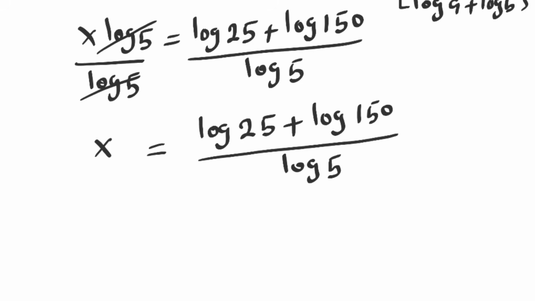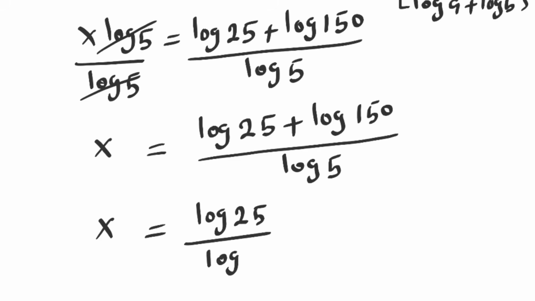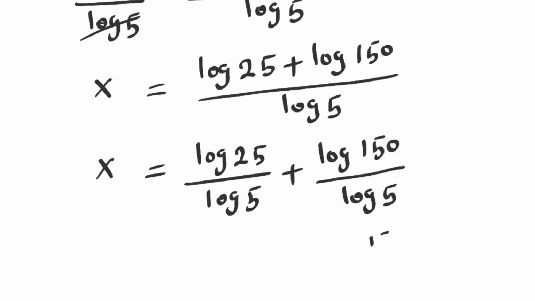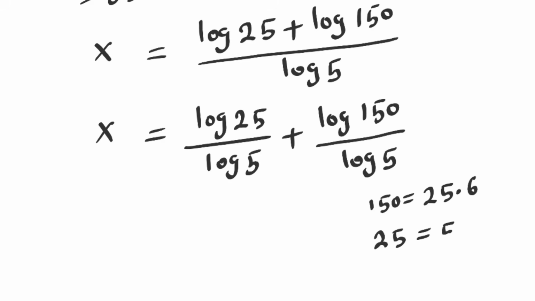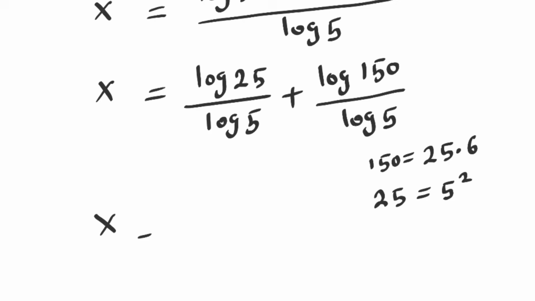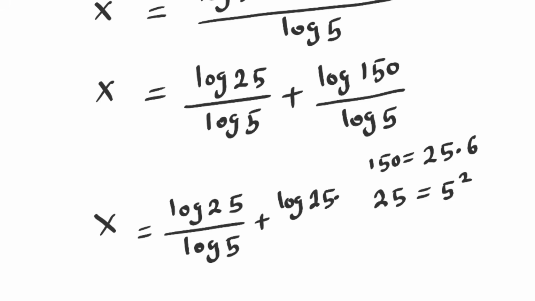Then if you split this, x is equal to log 25 all over log 5 plus log 150 all over log 5. 150 is equal to 25 multiplied by 6, and 25 is equal to 5 square. x is equal to log 25 all over log 5 plus log 150 now can be written as log 25 multiplied by 6 all over log 5.